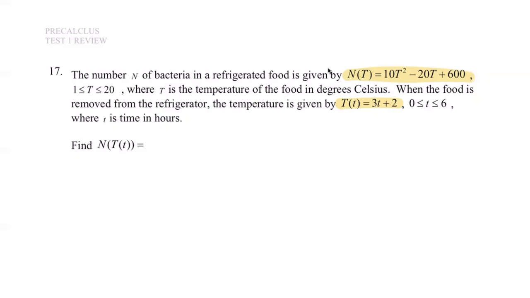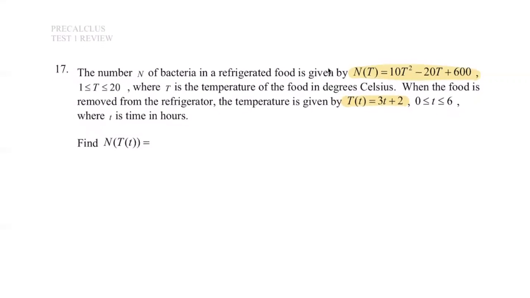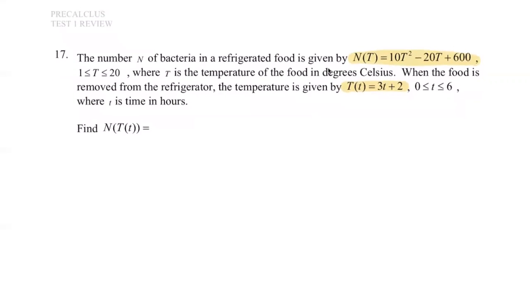And when the food is removed from the refrigerator, the temperature is given by this linear function, which has a slope of 3 and goes from 0 to 6, where the small t would be the number of hours. If you put it into real world context, I think it makes sense.